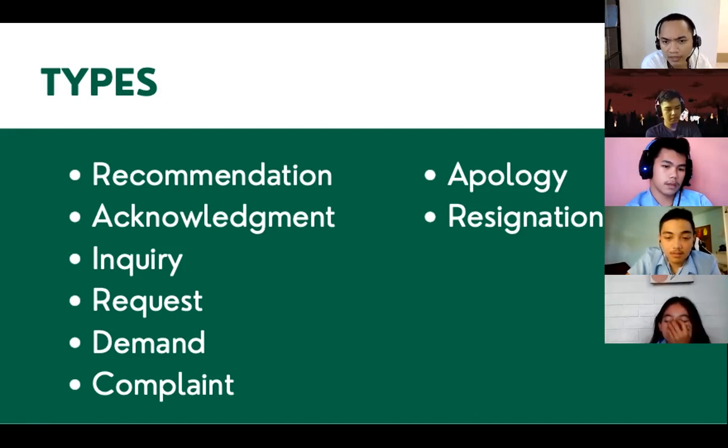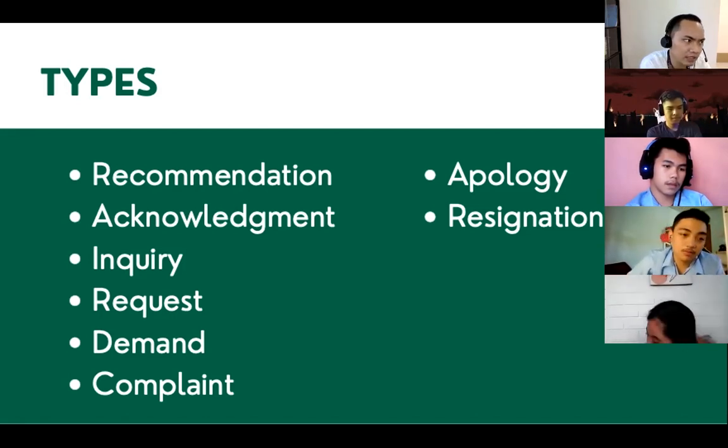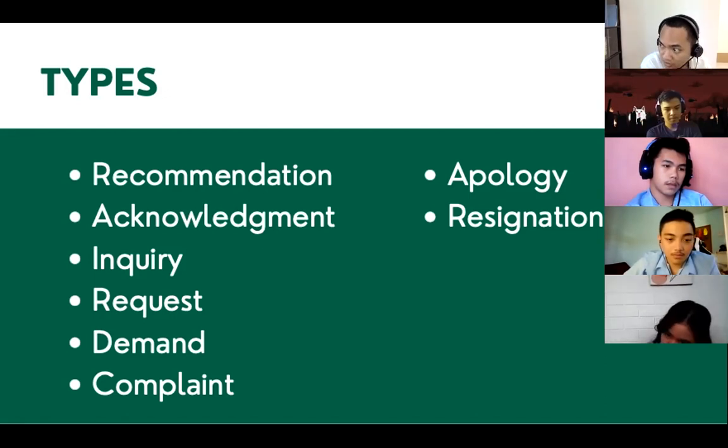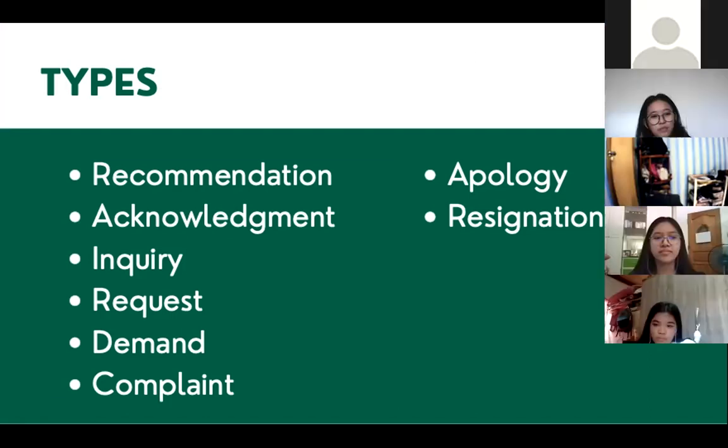Okay, now quite different in this case is a demand letter, because this is very authoritative. What is a demand letter?